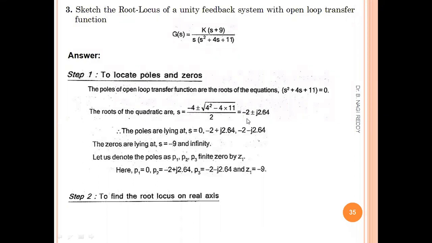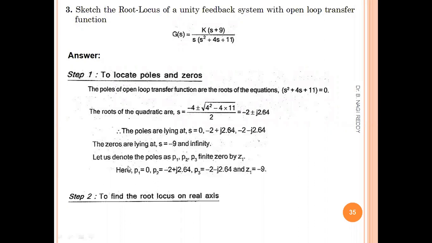So we have got a total of 3 roots now, because the maximum s power is 3, s into s², so that means s³. S³ means the order of the system is 3, and the number of poles of this open loop transfer function is 3.